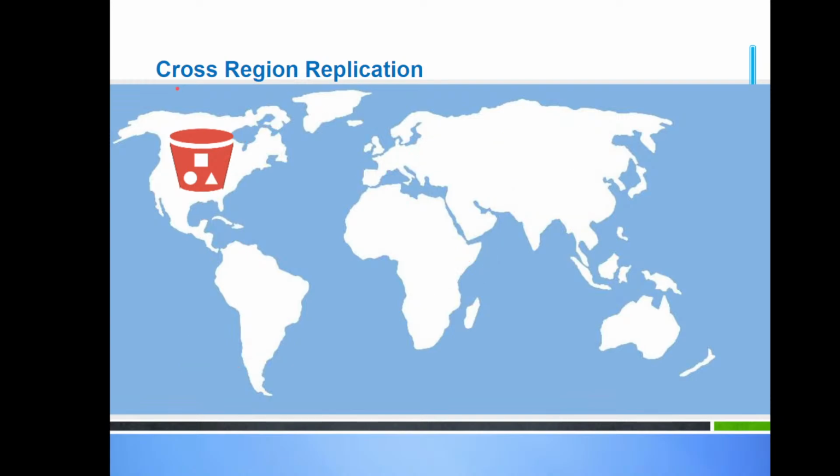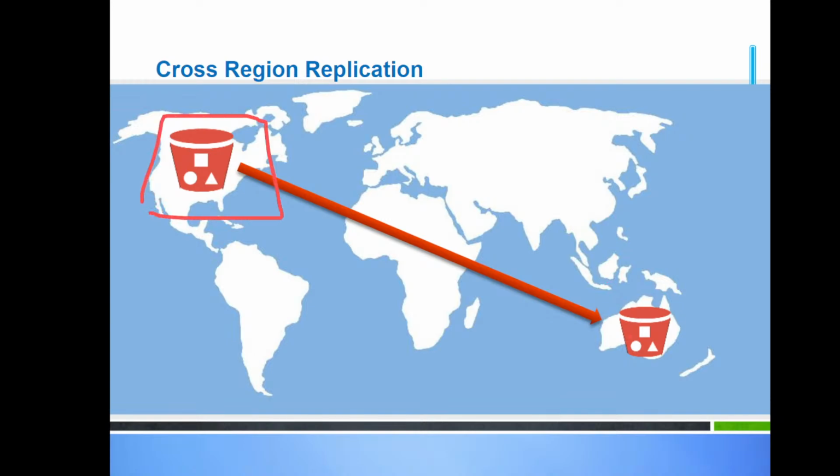That's where cross region replication comes into the picture. Or just replication. As the name suggests, it replicates your data. You can create another bucket in a different region or in the same region. So this is your primary bucket and this is your secondary bucket, or the backup bucket, or you can say the target bucket.